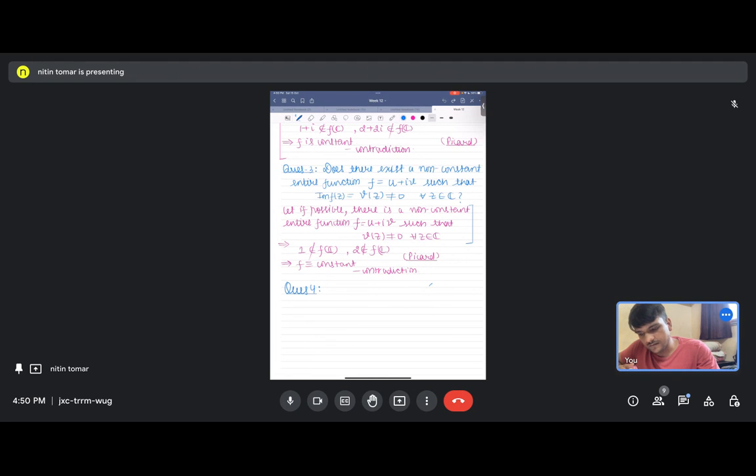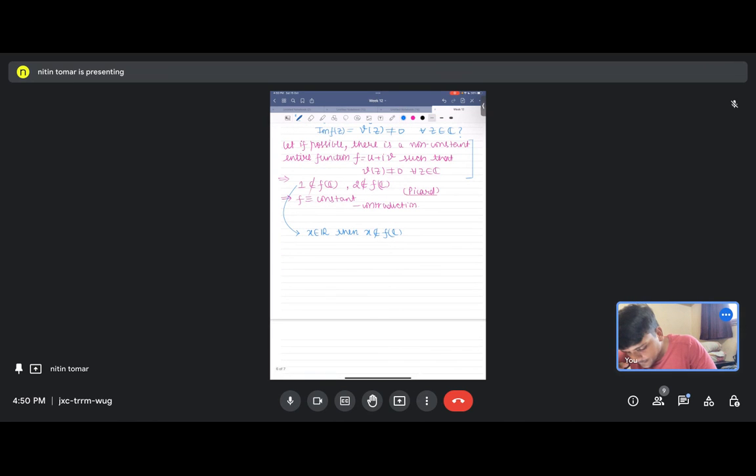Now, does 2 belong to the range of f? Let me write it as 2 plus iota 0. In this part, what we can say: if x belongs to R, then x does not belong to the range. Why?